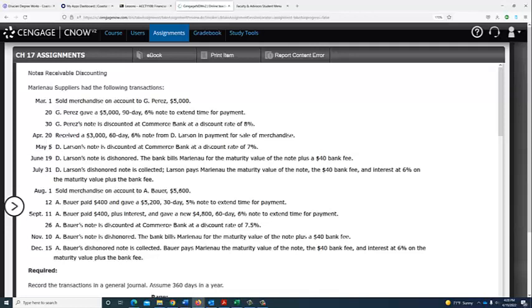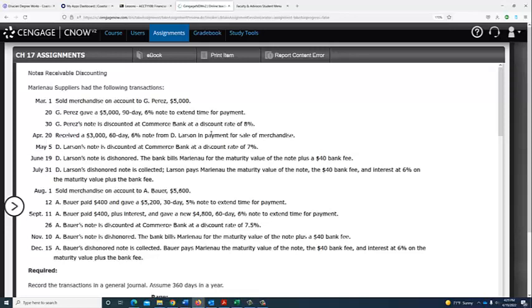So now we can calculate our discount. The maturity value is $3,030. We're going to multiply that times the 7% discount rate, and then multiply that times 45 divided by 360 days. So the discount is $26.51.